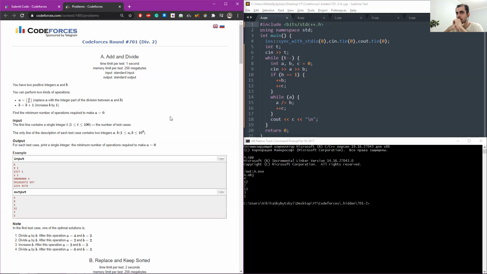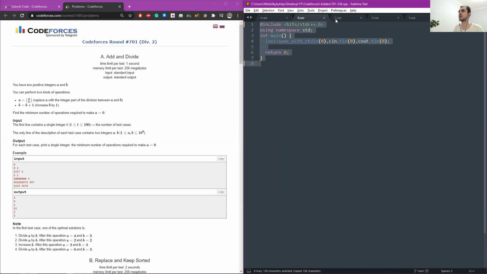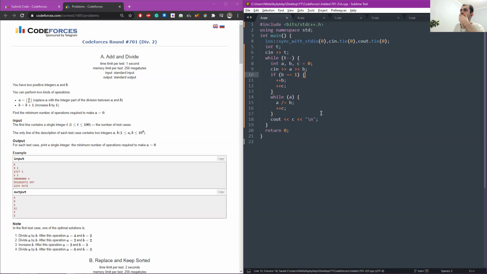Yeah. So it's a bit different, I guess then. Let me just quickly fix this template issue. So it's not always optimal just to divide by 2. Sometimes you want to add to B first, and only then divide.